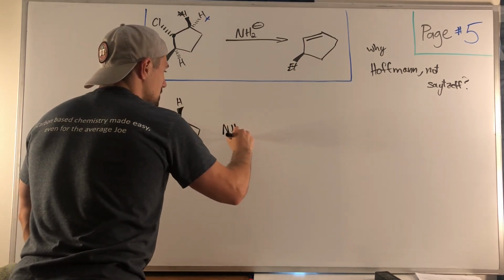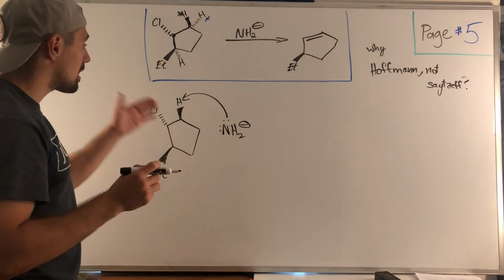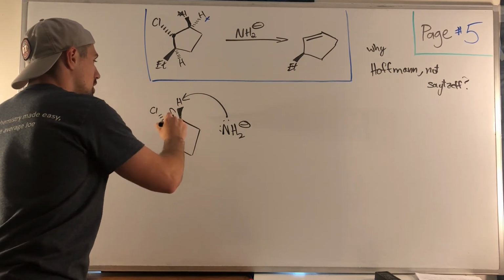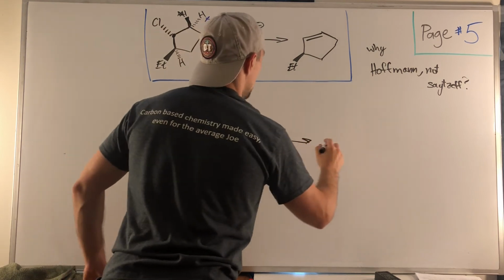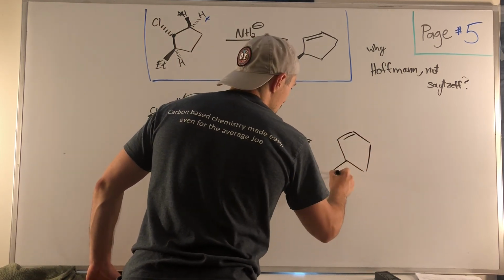You bring in your base, you show the base abstracting that anti hydrogen. You swing down the electrons, and then you kick off the leaving group, and you flex one last time by drawing the product.